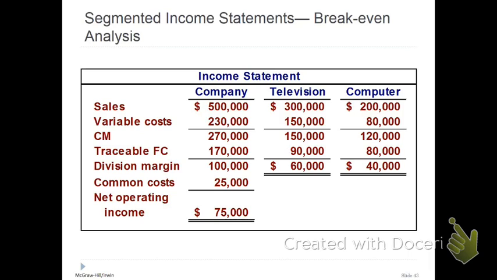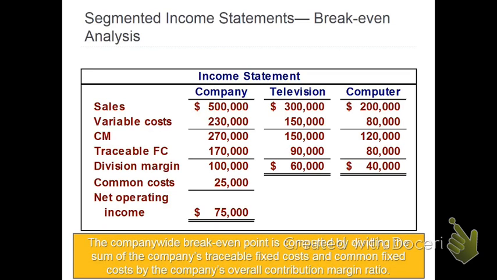You can also do this by taking a look at the television and the computer breakdown. And notice the company-wide break-even is computed by dividing the sum of the company's traceable fixed costs and common fixed costs by the company's overall contribution margin ratio.